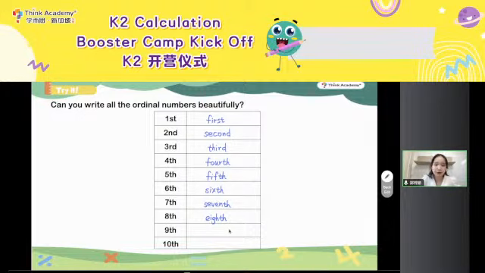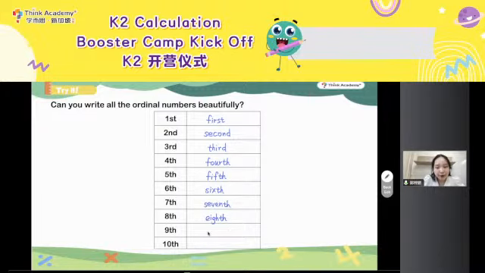What about 9th? So still 5 seconds. You need to give it a try by yourself, right? Write 9th by yourself. 5 seconds. Amazing job.